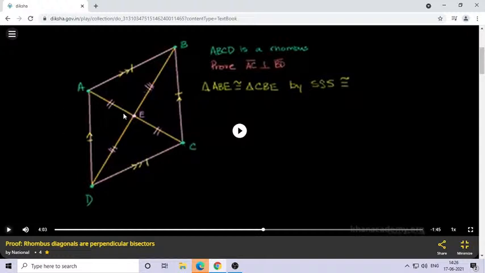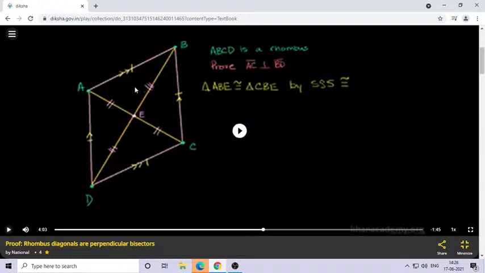That means AE is equal to EC, they are bisecting each other. And the third side, BE, is common to both triangles. So by the SSS criteria, we can prove that triangle ABE is congruent to triangle CBE.